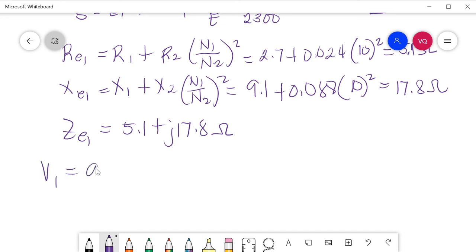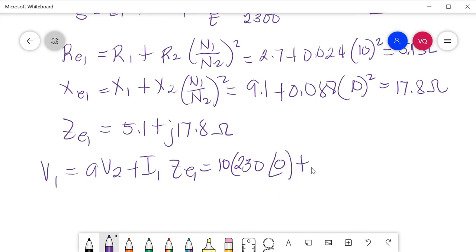V1 will be equal to A V2 plus I1 Z1E, equal to A is 10 times 230, our full load output voltage at secondary, angle 0, plus I1 is 6.522, angle negative 36.87, times our impedance 5.1 plus j17.8.